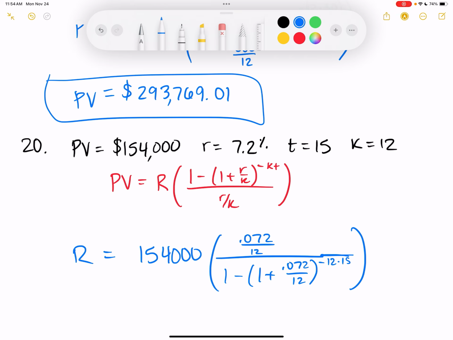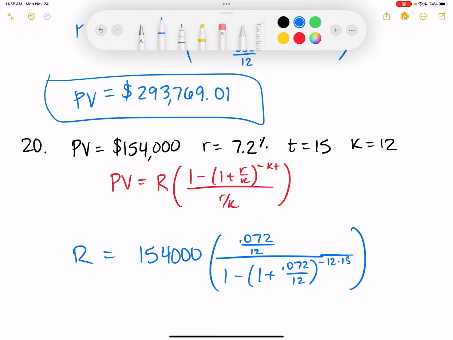So what are we keeping, what are we changing, what are we flipping? Well, technically speaking I'm dividing both sides by this parentheses. But when I do that, you keep the first thing, you change the sign, and then you flip the fraction.